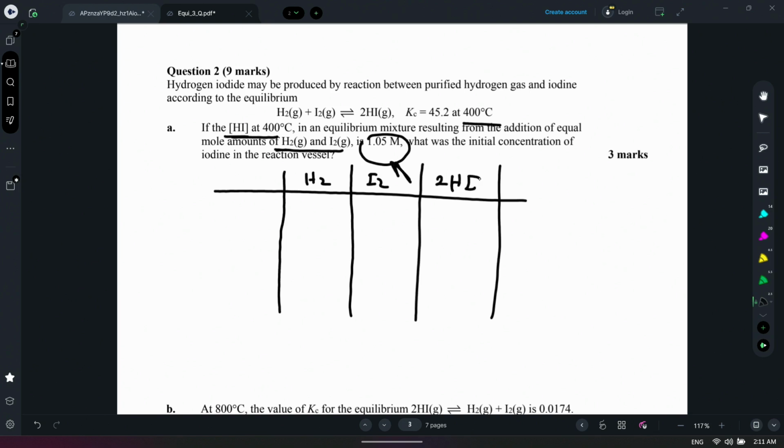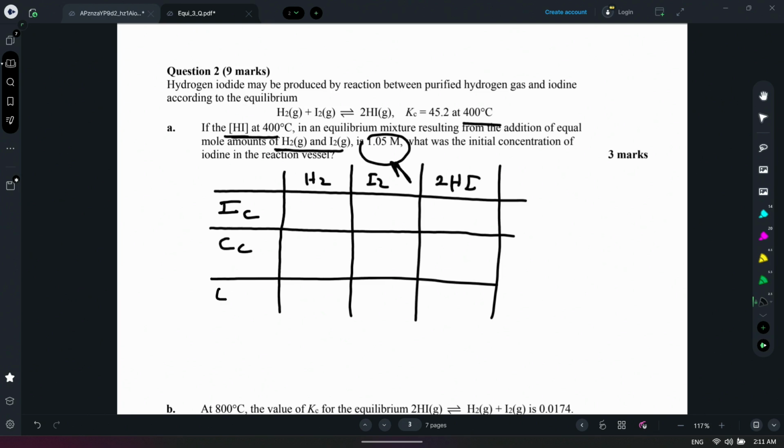Now I'm going to do this question using concentration. So initial concentration, change in concentration, equilibrium concentration. Now, okay, according to this question, the only information you can gather is the concentration of HI at equilibrium, which is 1.05.